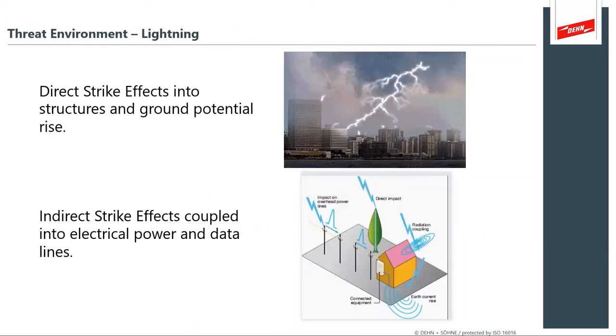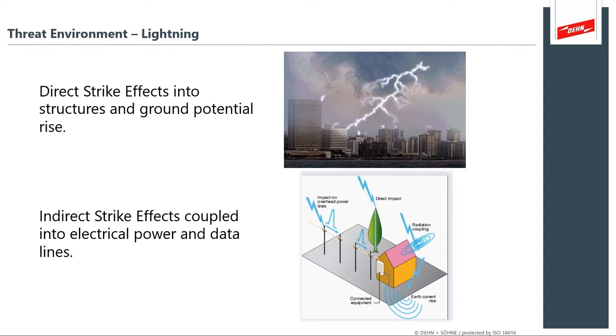So I'd like to do a quick discussion of the threat environment. We're talking about lightning protection, and we have a combination of threats, things like direct strike, like the illustration above where it shows the lightning attaching directly to a building. But remember, there are often numerous attachment points that are getting just a little bit of that lightning love, so you'll often experience surge effects from a direct strike that are not exactly the primary strike.